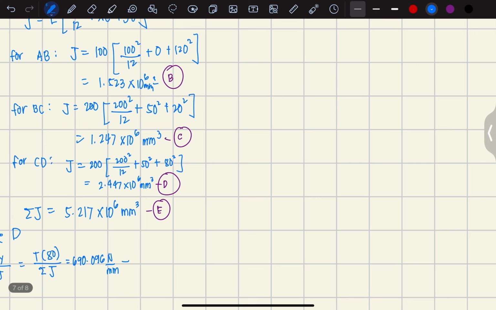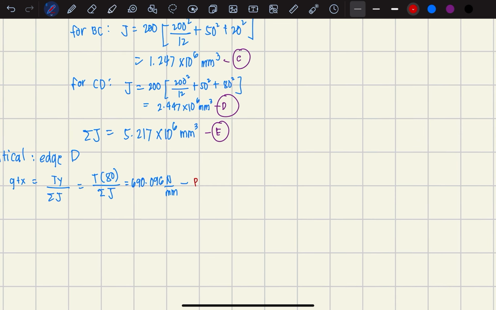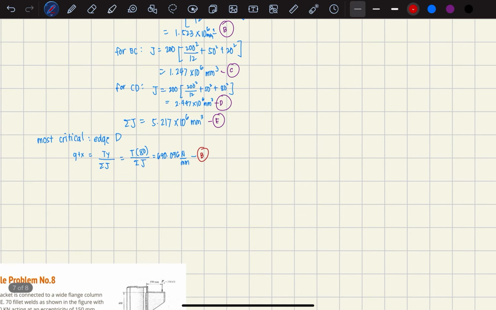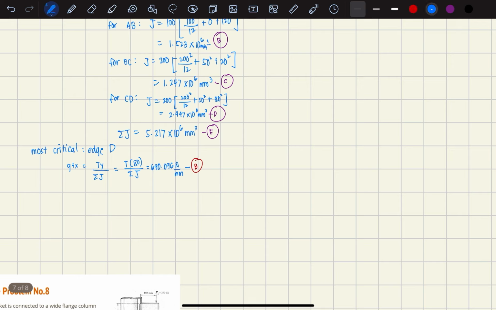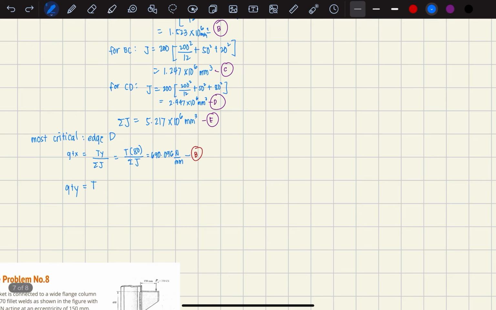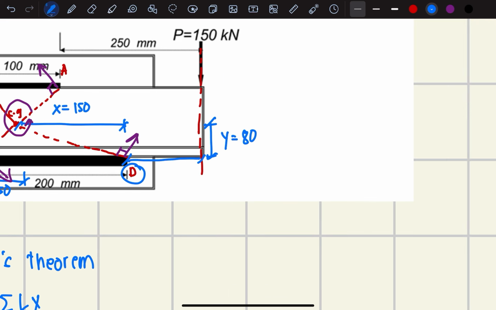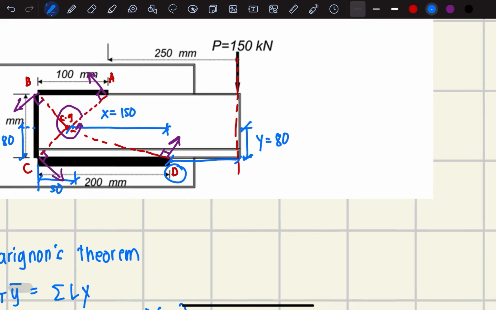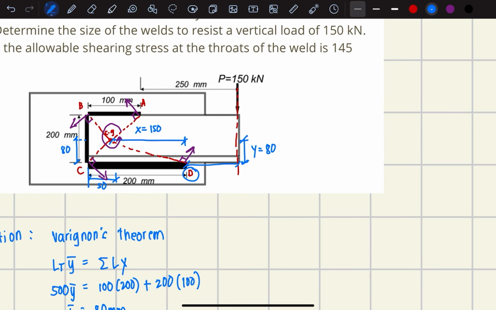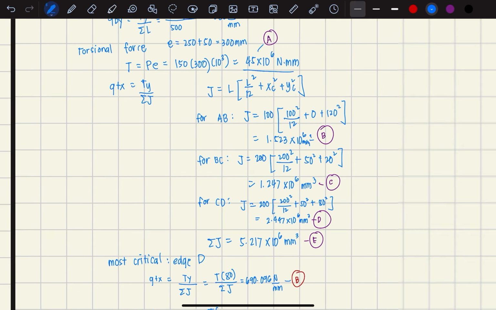So, alisin na natin yung ibang. So, sa B. Then, next is QTY. Yung QTY natin is T times X over summation J. So, yung T is stored value na yan. Yung X natin dito, yung distance ng edge D dito sa centroid is 150.